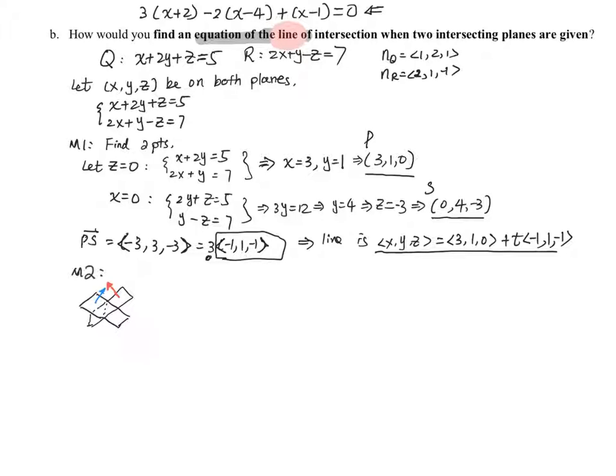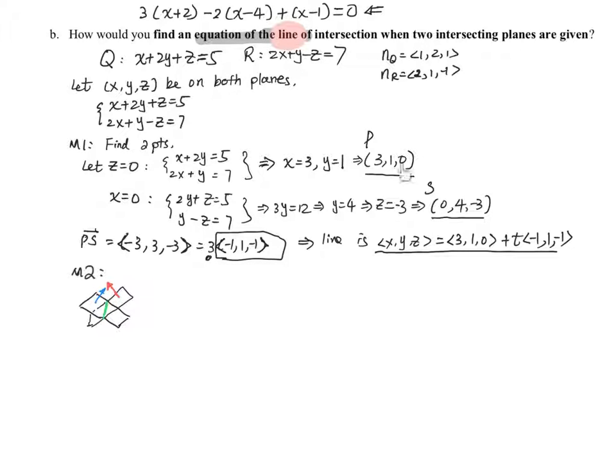When we say the normal vector, it must be perpendicular to all the lines on this plane, and the blue one, same, must be perpendicular to all the lines on that plane. The line of intersection, which is this green one, because it's on both planes, must be perpendicular to both of these 2 normal vectors.